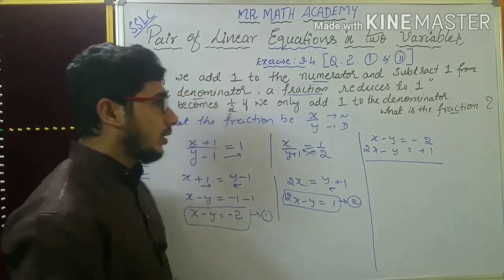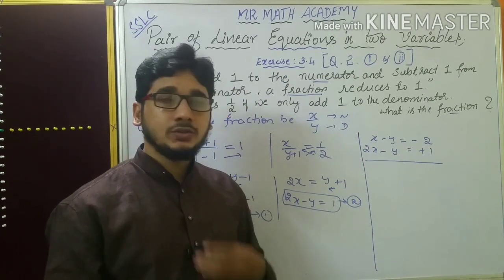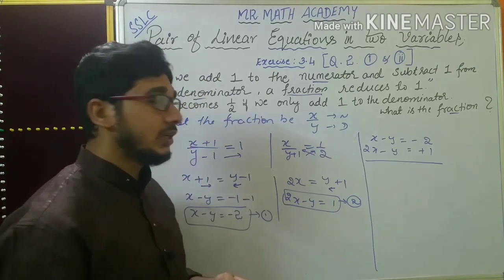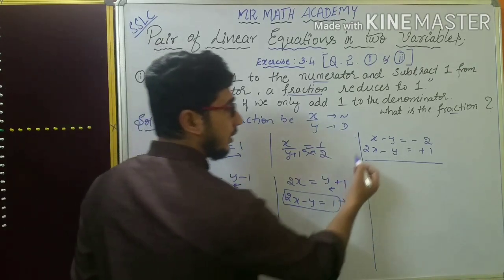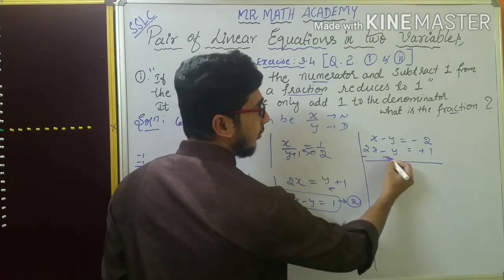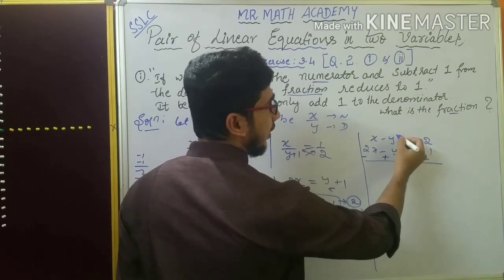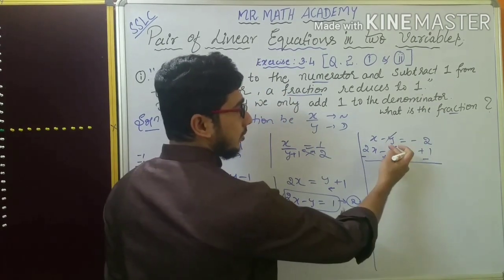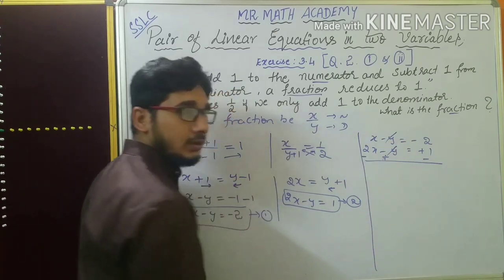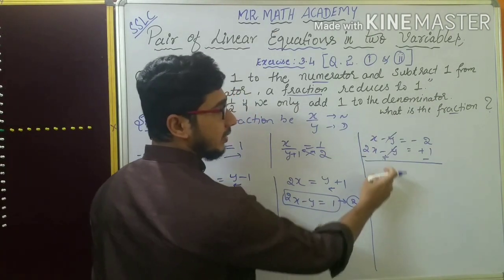Now the same variable, minus y, is there, and we have to eliminate that one. So we will change the sign. Here nothing means plus is there, we have to write minus. Here minus is there, we have to write plus. Here plus is there, we will write minus. Minus y, minus y, both are there, so I change the sign, minus as plus.